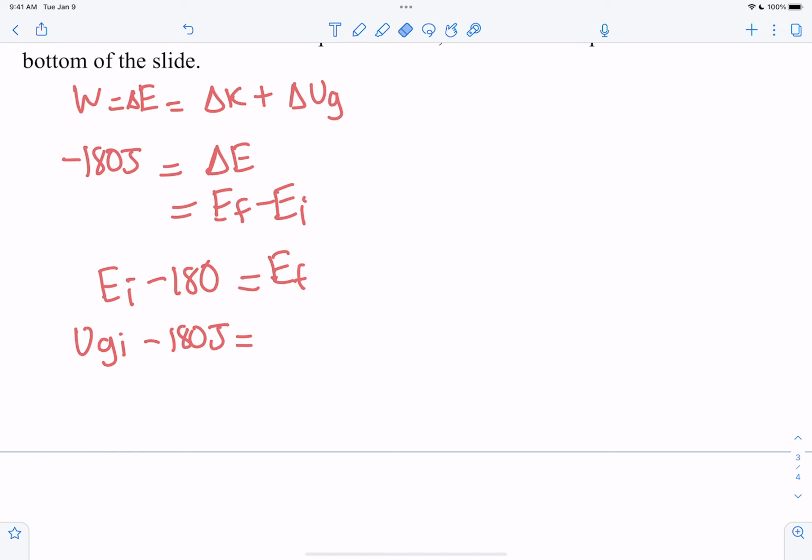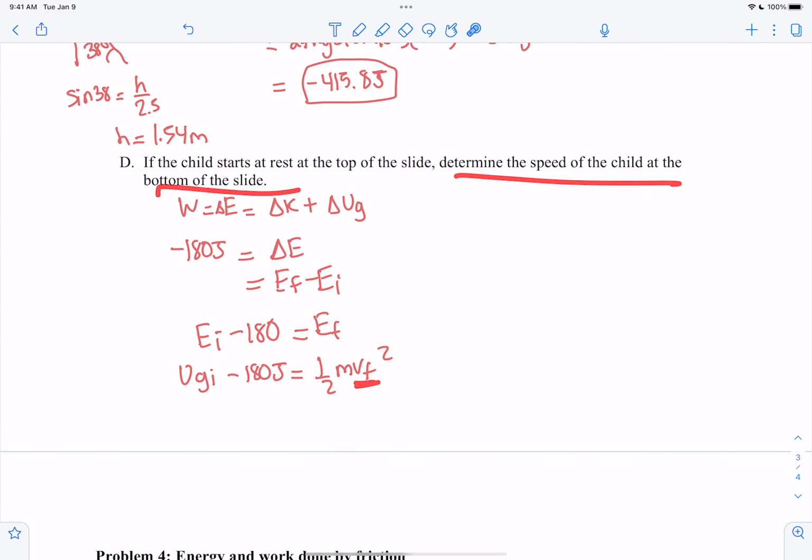And KF we know is equal to half mvf squared. So if we want to figure out our final speed at the bottom of the slide, that's what it would be. And so our initial gravitational potential energy was mghi, subtracted by 180 joules, and this is half mvf squared.